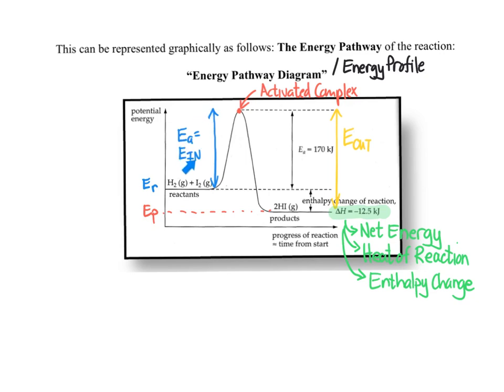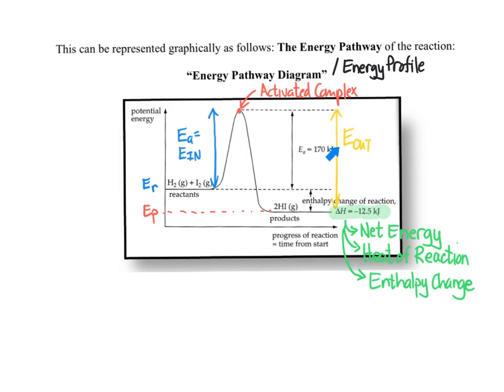That's the energy taken into the system to take the reactant particles from ER up to the top here, which is a higher energy. And that's the energy of the activated complex. And the higher the energy of the particles, the more unstable they are. So this is the most unstable point in the energy pathway of the reactants through to becoming products.